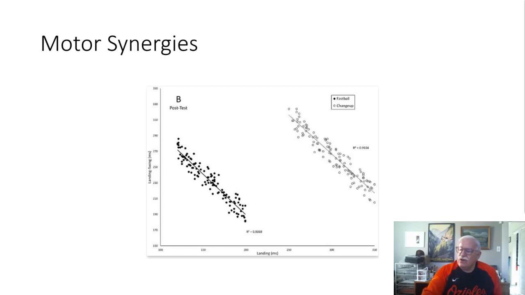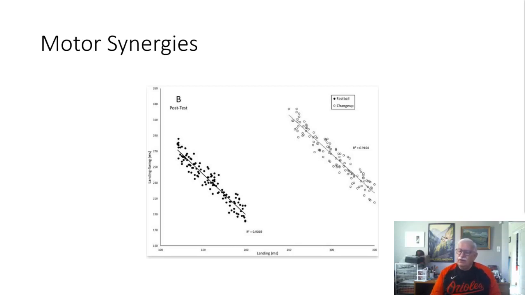First, batters are clearly not doing the same thing every time, and I hope you get that sense. Modifications just in the foot time, the swing time, and what they do as they come through. The timing of the landing of the lead foot on the ground varies substantially from swing to swing.